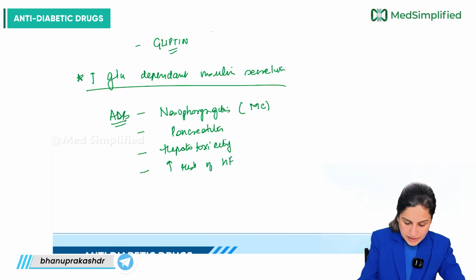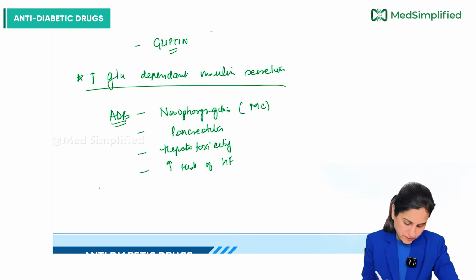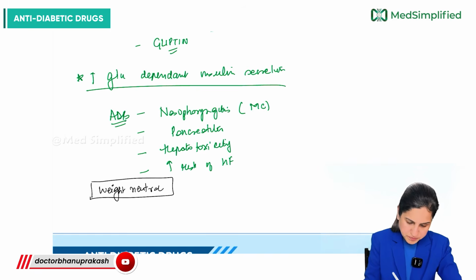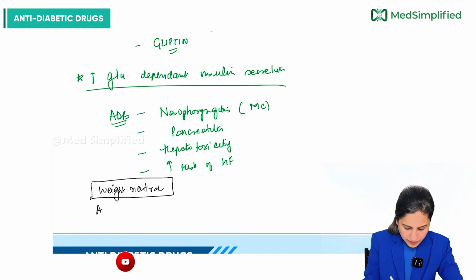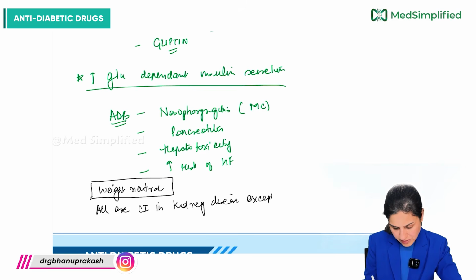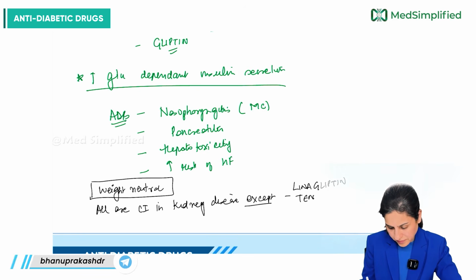Now remember that these drugs are weight neutral drugs. There is no increase or decrease in weight. Very important to know. All are contraindicated in kidney disease except linagliptin and tenegliptin.